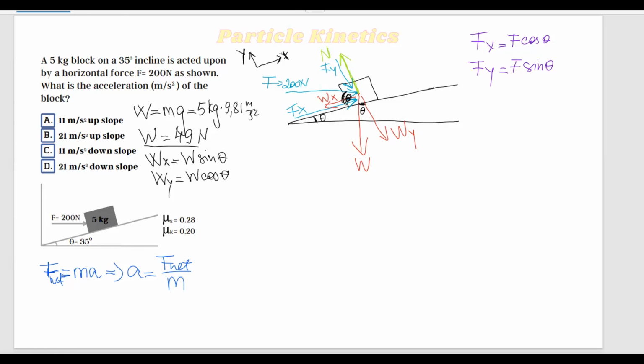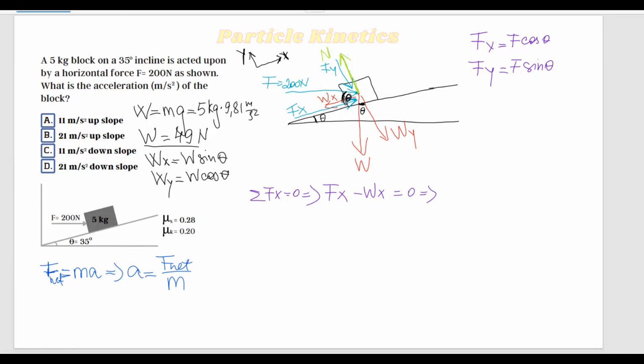Now that we have all the forces that act upon this object, we can do the sum of forces in the X direction and find out which way this object goes. Sum of forces in the X direction equals 0. This is going to give me Fx minus Wx equals 0.